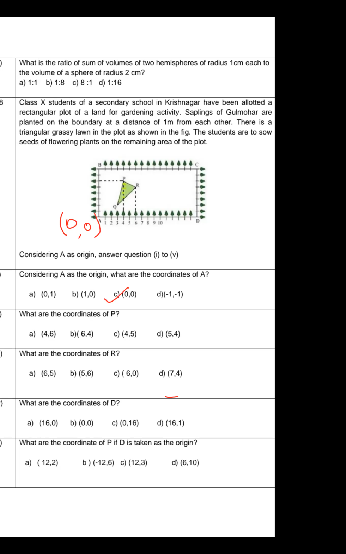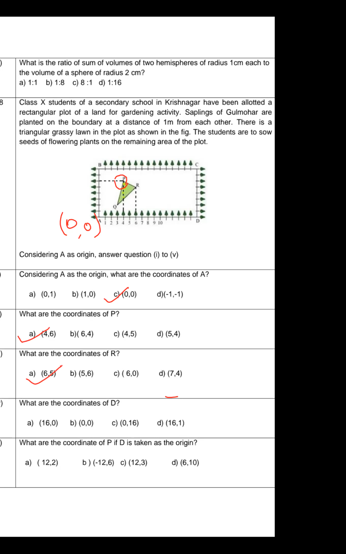The next one. What are the coordinates of P? Children, can you count? On the x-axis it is 4, and here you can count 1, 2, 3, 4, 5, 6. So 4,6. What are the coordinates of R? 6,5.